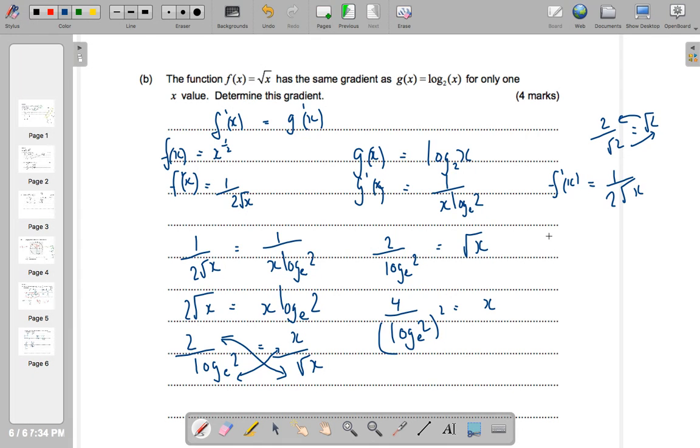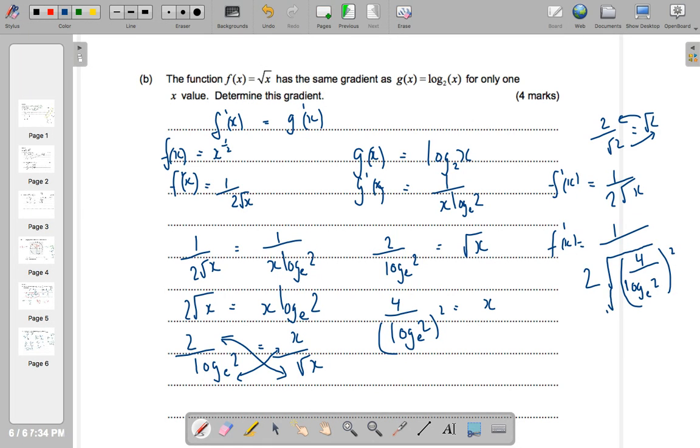Okay, so f dash x equals 1 over 2 square root of 4 over log 2 to the base e, squared.